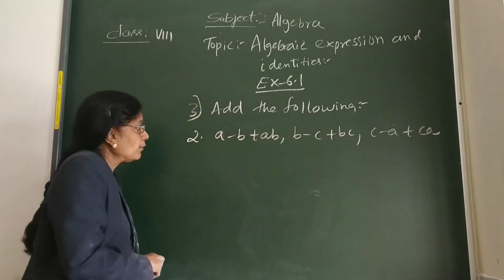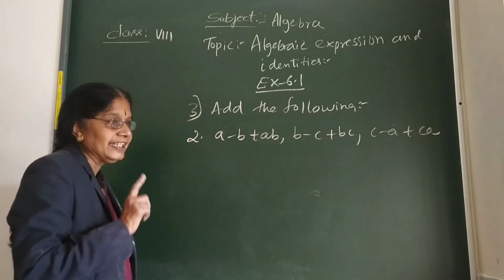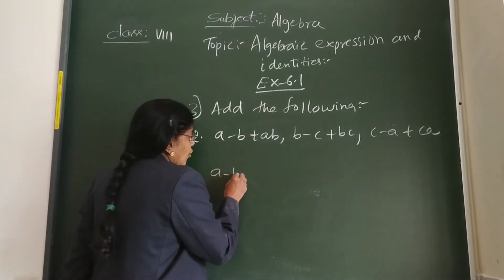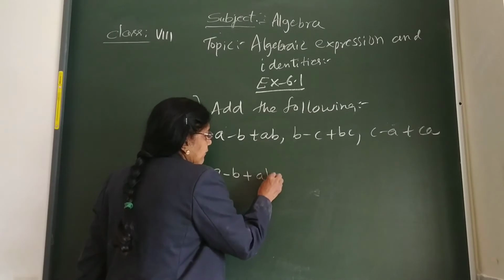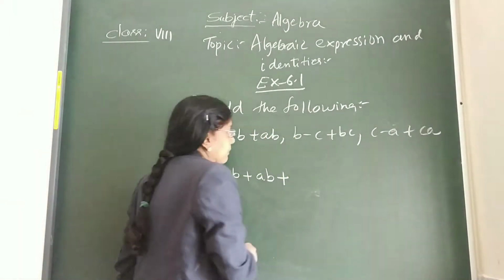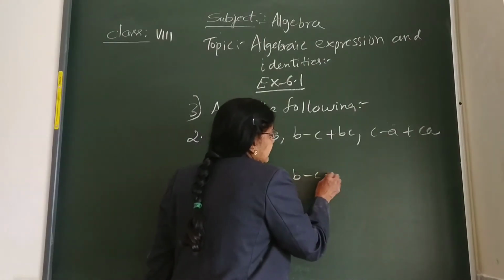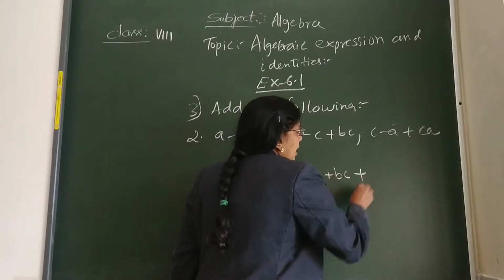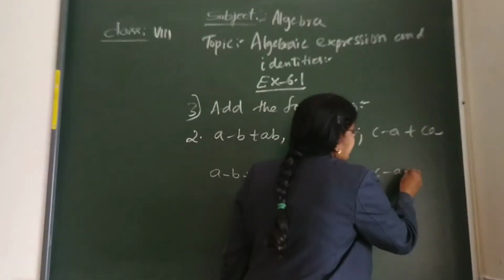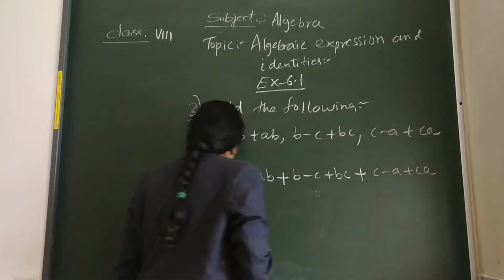So here we have to add all these three. So we put the sign first. The first trinomial, a minus b plus ab, we will write it down. Before we write the second trinomial, we put the plus sign. B minus c plus bc, we write it down. Before we write the third trinomial, we put the plus sign. C minus a plus ca, we write it down. Let us see now.